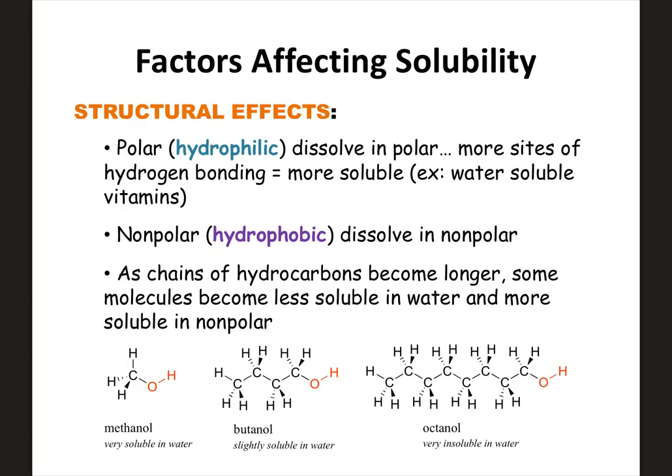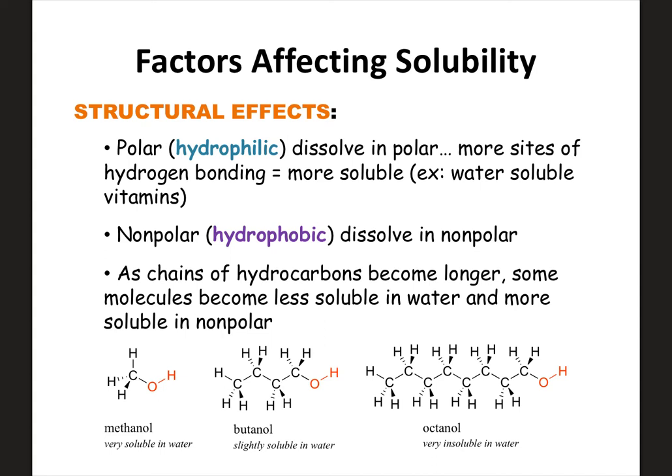For the last part of this video, I'm going to go through the different things that can affect solubility, so affect dissolving here. The first thing is we have to consider structural effects. So we know that polar substances are going to dissolve in polar. Essentially, if you have more sites of hydrogen bonding, a substance would be more soluble.